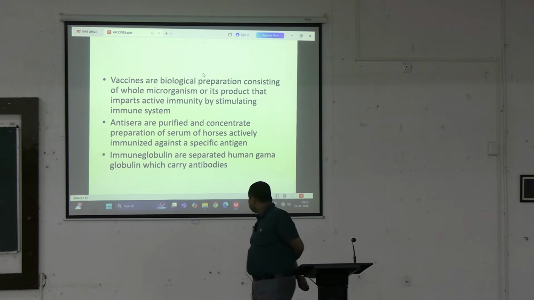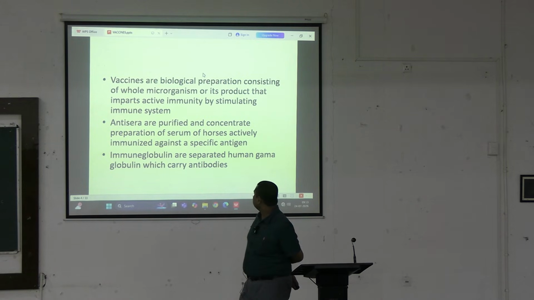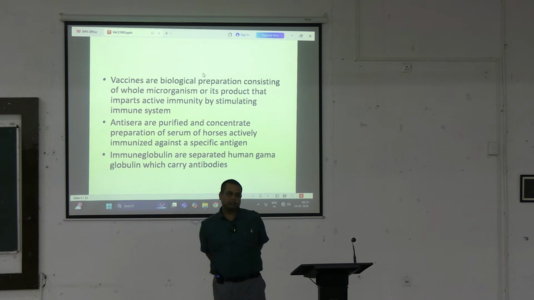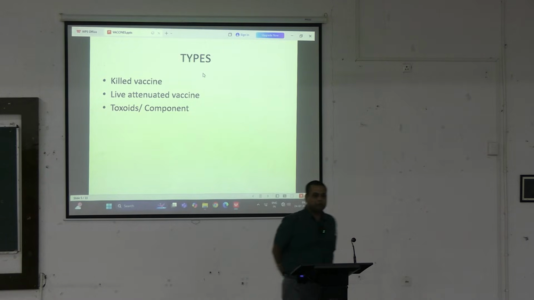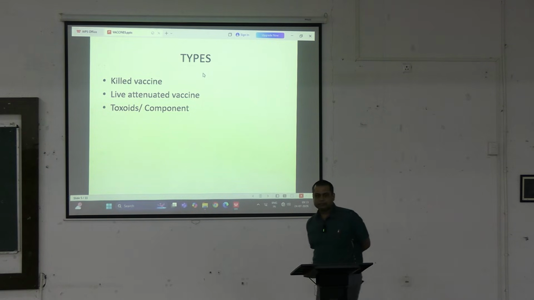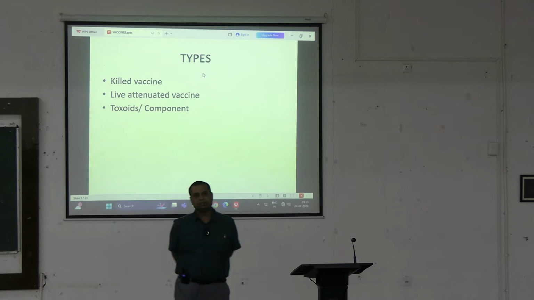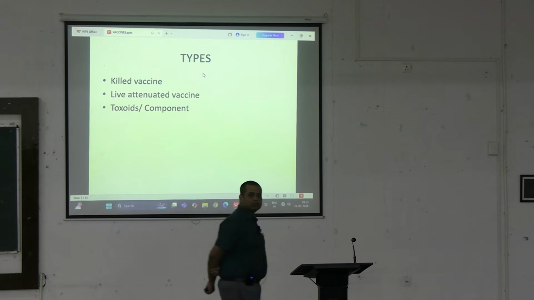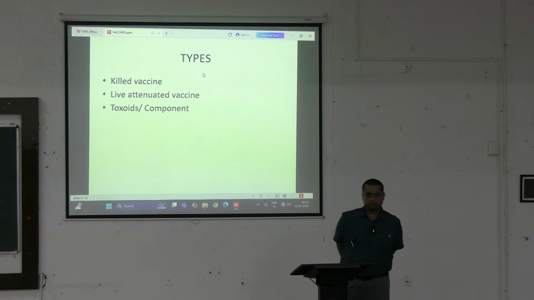Then immunoglobulins are separated human gamma globulin which carries antibodies. So types of vaccine: there may be killed vaccines, live attenuated vaccines, or toxoids or components.